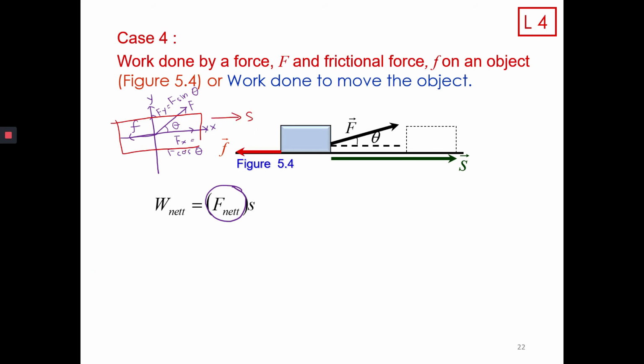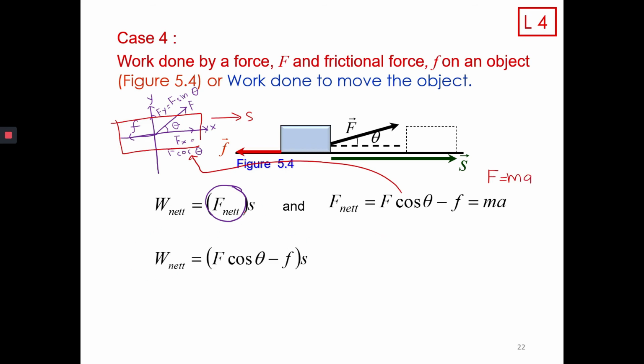So from here, to calculate your net force, you will have your F cos theta minus your friction. F cos theta minus friction equals MA. This comes from the formula F equals MA.